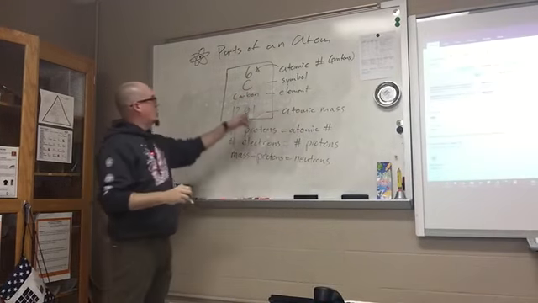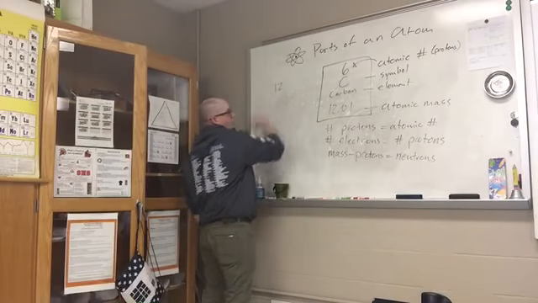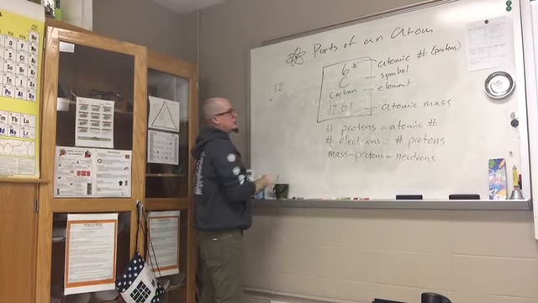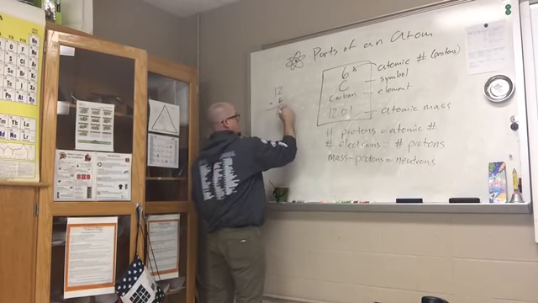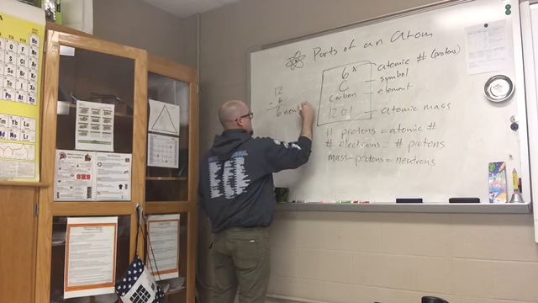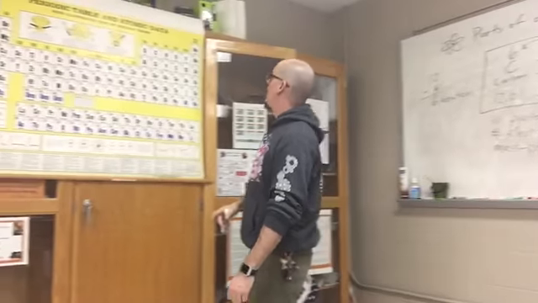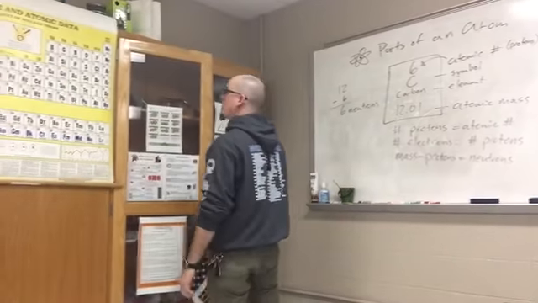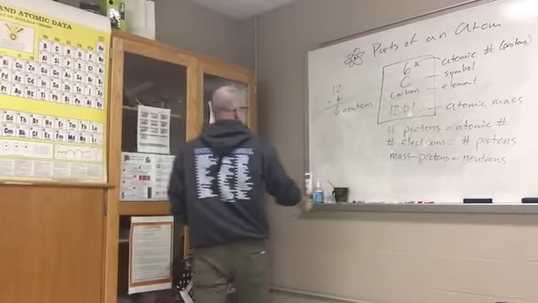So let's look at carbon here. Carbon has a mass of 12. We're going to round it. It's got how many protons? 6. So how many neutrons? 6 neutrons. Now in this case, it works out nice and even. Sometimes, let's try fluorine. Fluorine's atomic number is 9, and its mass is 19.